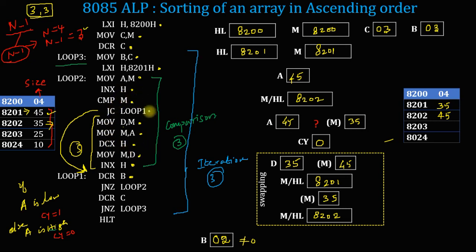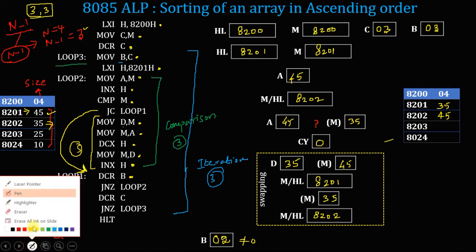After completing them, the B register is again loaded with 03. This indicates the start of the third iteration, during which there will be 3 comparisons. As a result, we will get the sorted output.